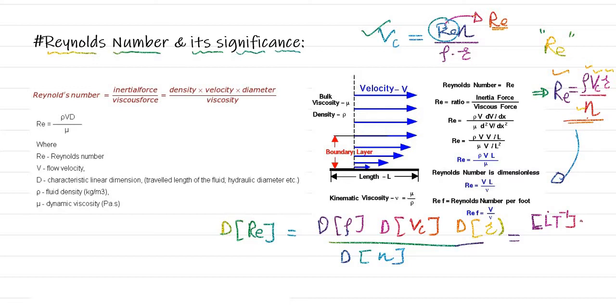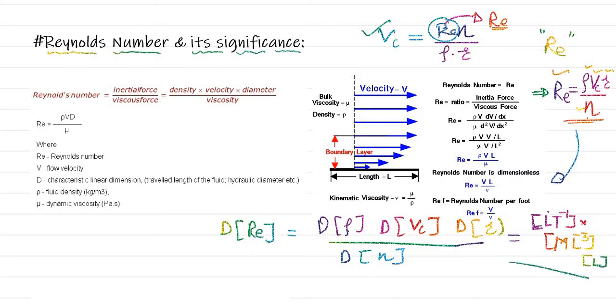If we multiply this with the density, mass per unit volume, so we write M, and volume is meter cubed, so L to the minus 3. The dimensions of that product is simply L.